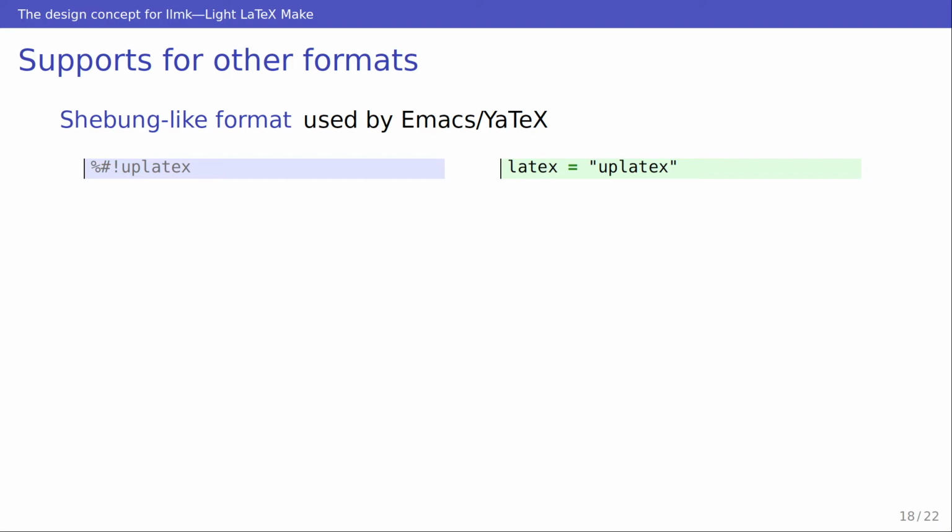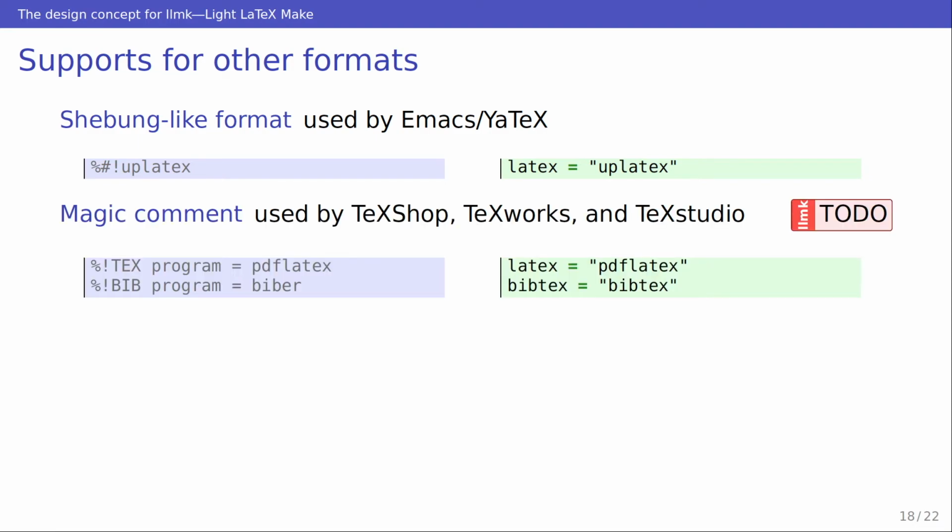It looks really like a shebang, and using this is just equivalent to writing the latex key in the TOML field. Another one is the magic comment used by TeXShop, TeXworks, and TeXstudio, but this feature has not yet been implemented in llmk, so I would love to observe more about these in the future.